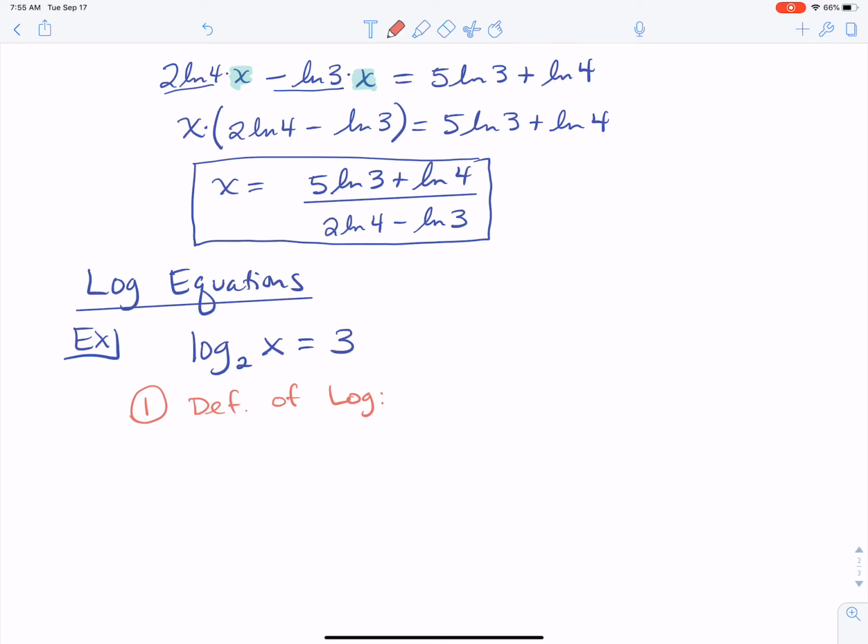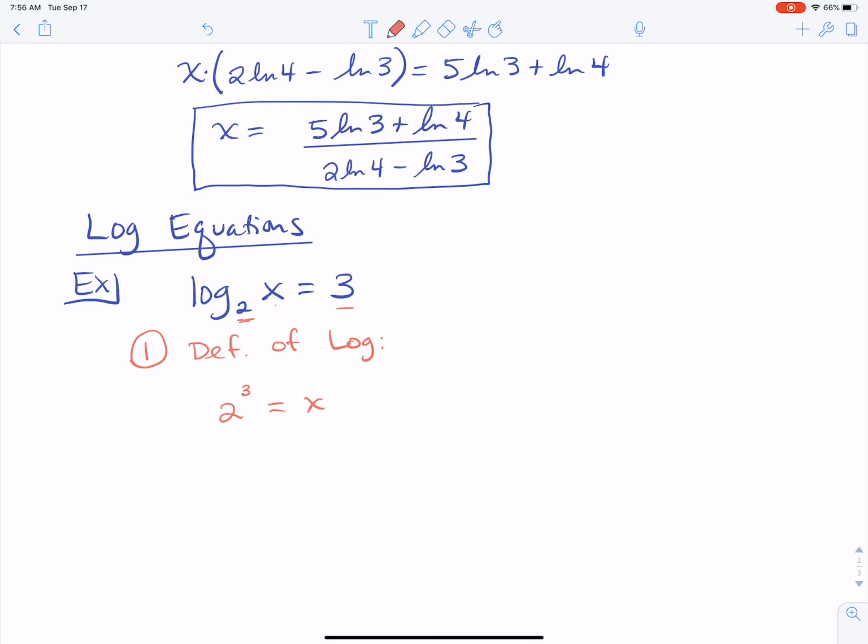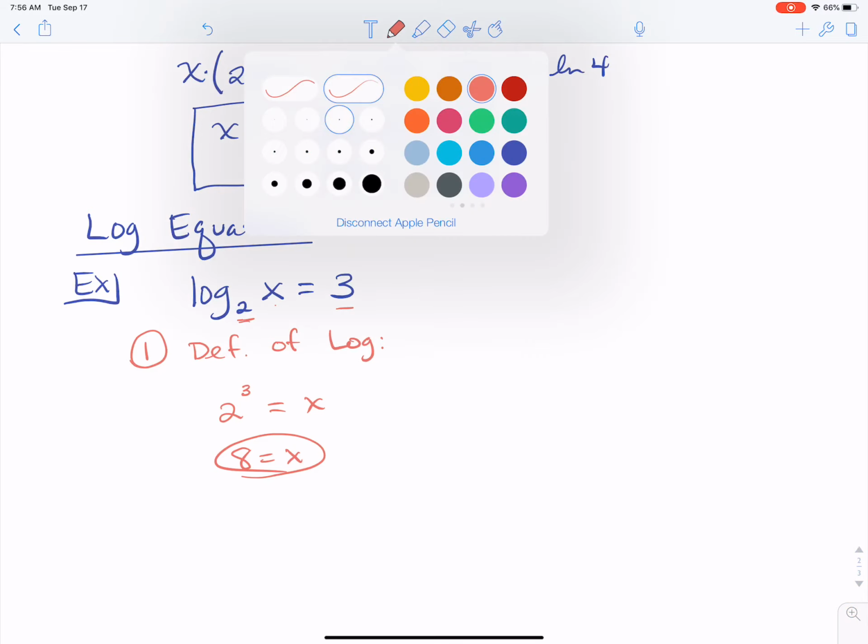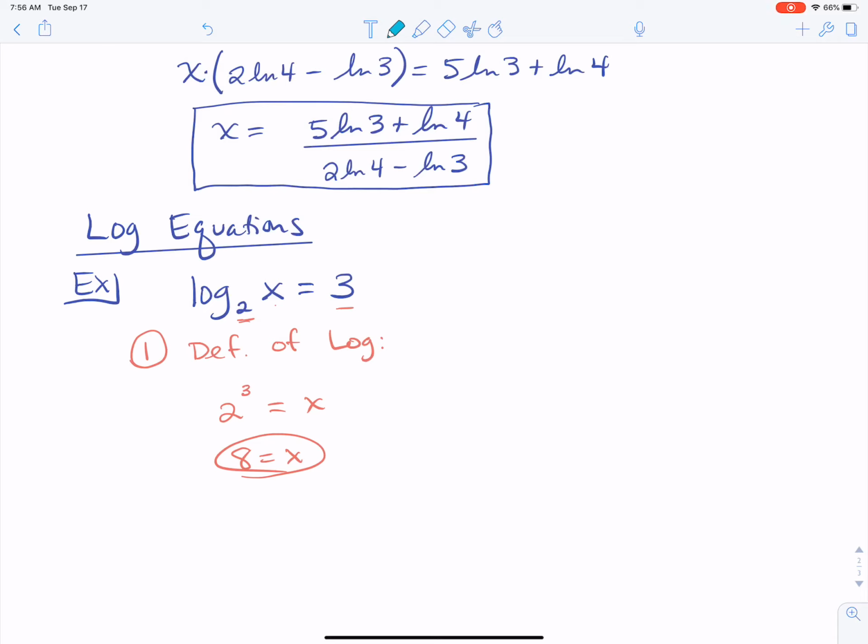So that means you would say 2 raised to the third power equals x. So that means x has to equal 8. So that's one way. Pretty easy. But you have to remember that that's what the problem wants you to do.